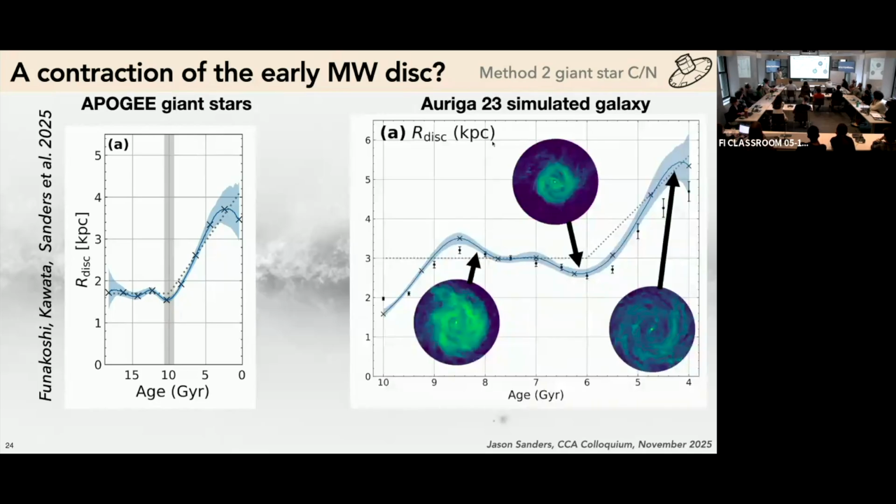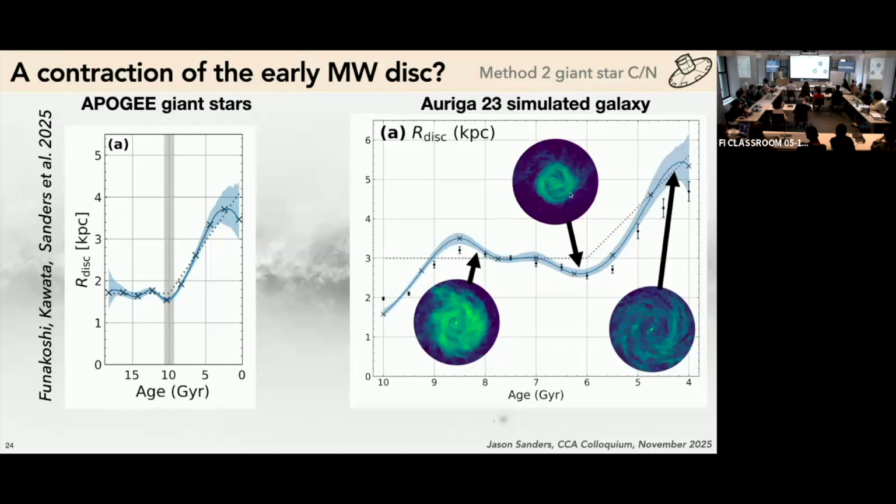This is a different Auriga galaxy, Auriga 23, but at young ages, we get this inside-out growth. At old ages, it's not perfectly constant like in the measurement of the Milky Way, but it does flatten out somewhat in this region. But in between, there's this dip.